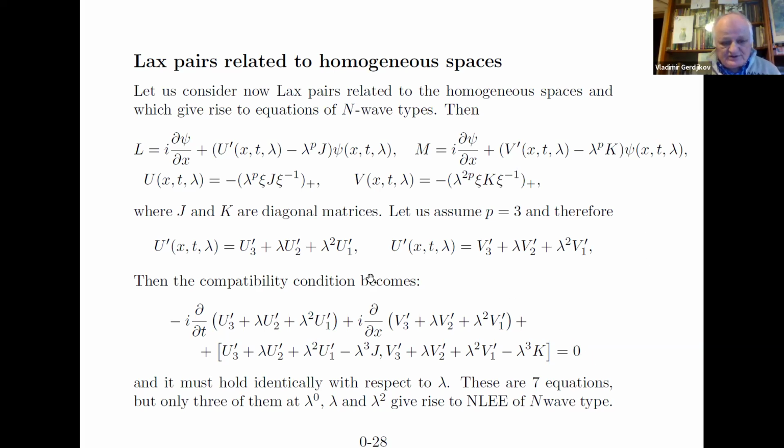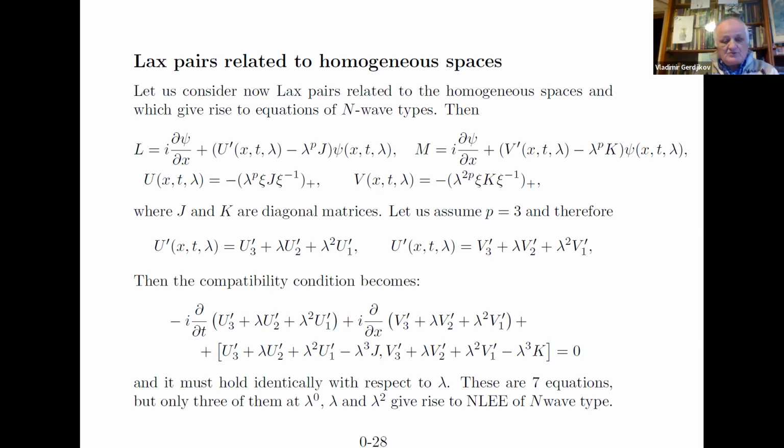Here I have put the compatibility condition when we have cubic P equals 3, and in M we also have lambda to power 3. So we have two Lax operators, but with two different elements, J and K, from the Cartan subalgebra. This is homogeneous spaces, where J is not matrix sigma 3.